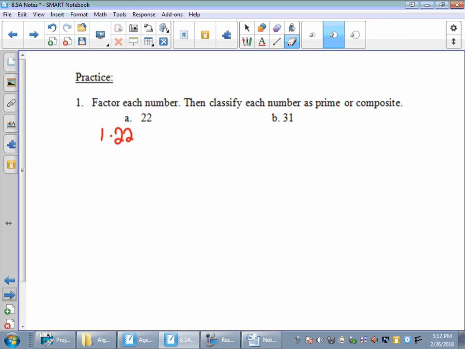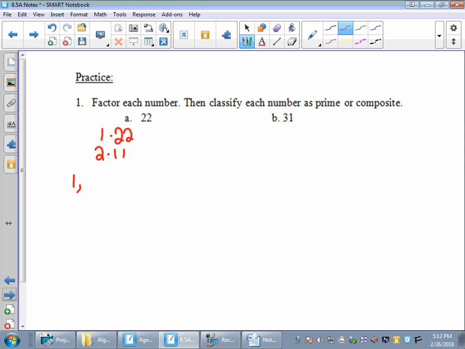How about 2? 2 times 11 gives me 22. Now let's keep going down that train of thought. Is there anything between 2 and 11 that when multiplied together gives you 22? That's whole numbers. I can't think of any.